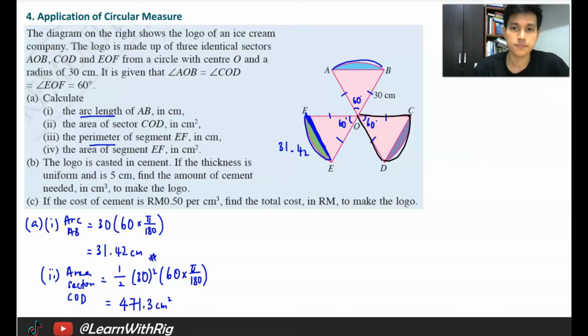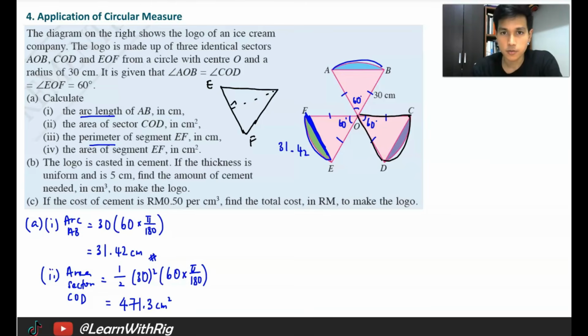How to find that? What you can do is, you can form your triangle, right? Okay, so this is EF. So you can form your triangle here, 90 degree.